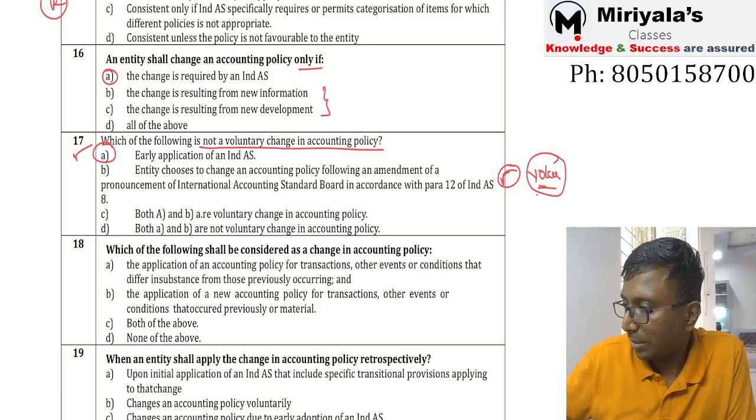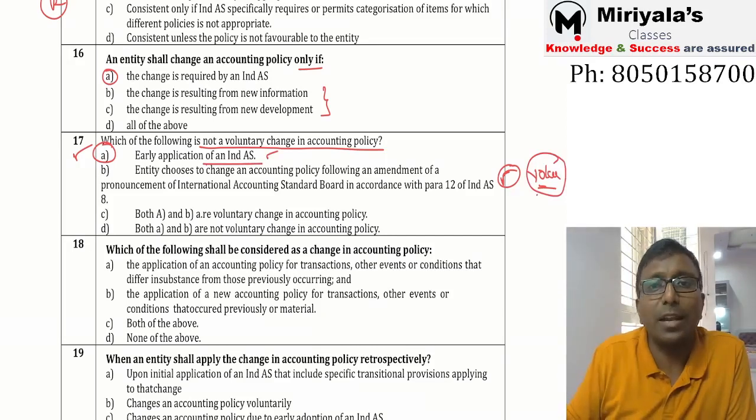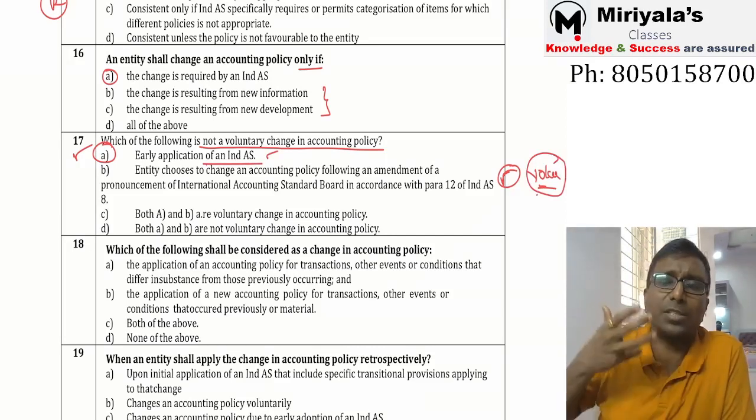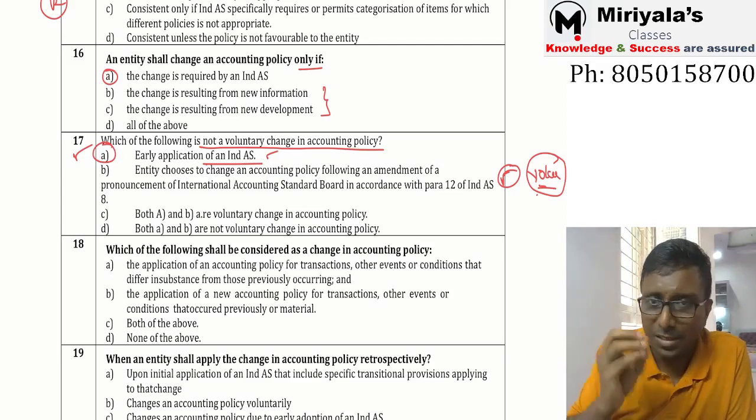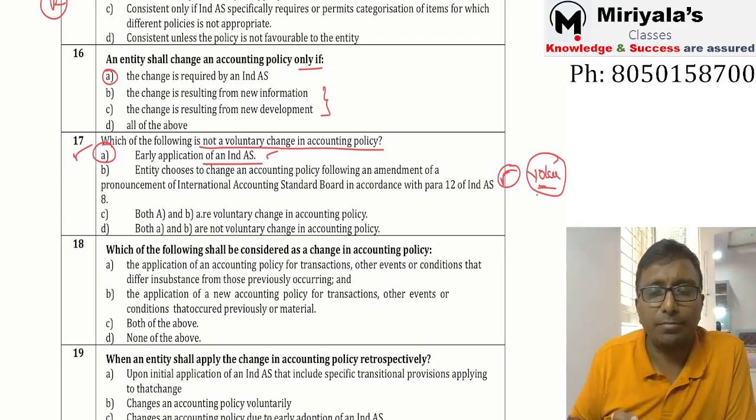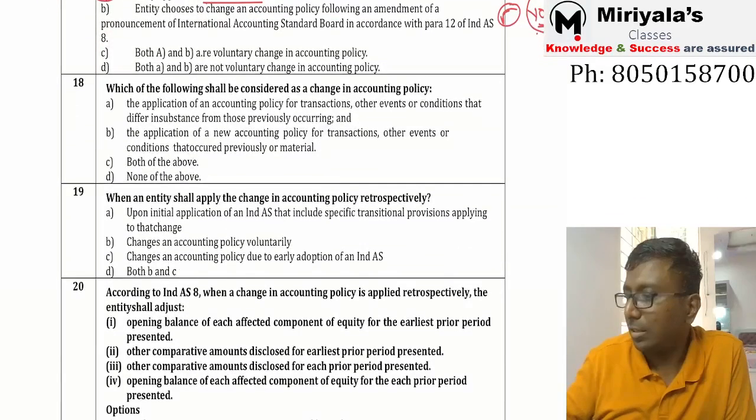This is not a voluntary change because I just took a decision: let me start following from the beginning. It is not a change. I wanted to do it. Right. 18th bit. Which of the following shall be considered as a change in accounting policy?